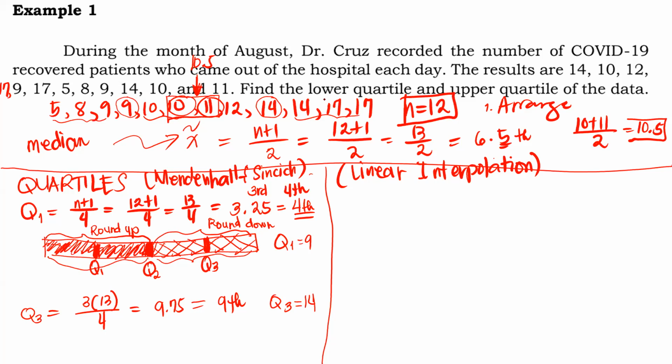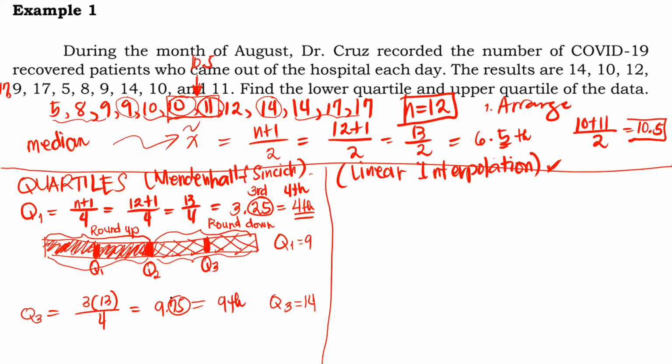Okay? While in linear interpolation, this is the method that I like the most. Why? Because this is very accurate. When we say accurate, we don't disregard the 0.25 and the 0.75.